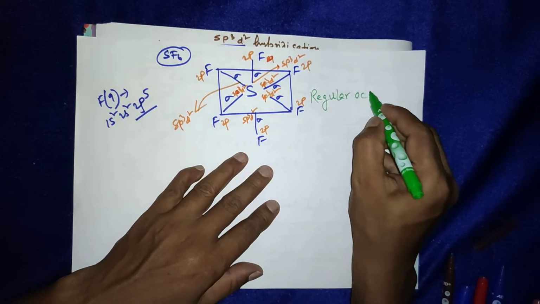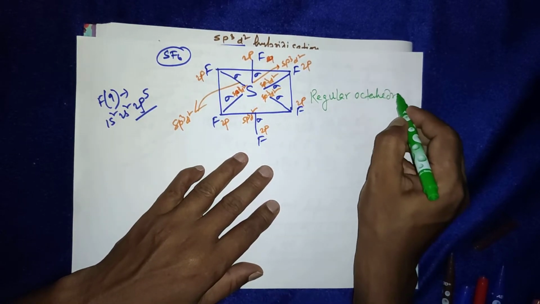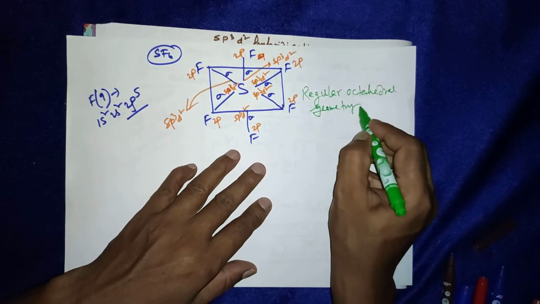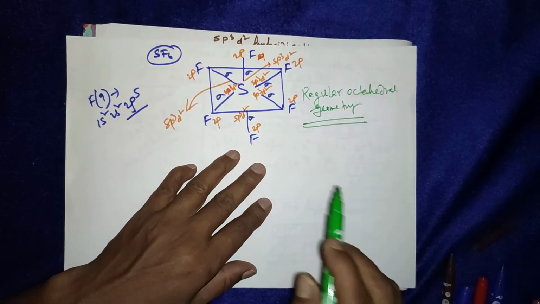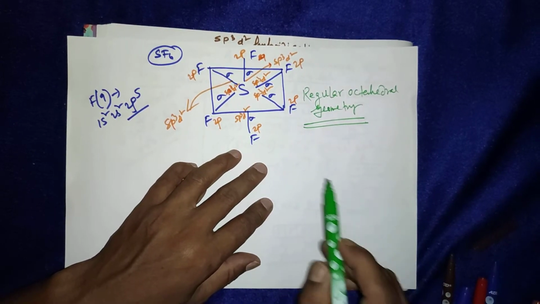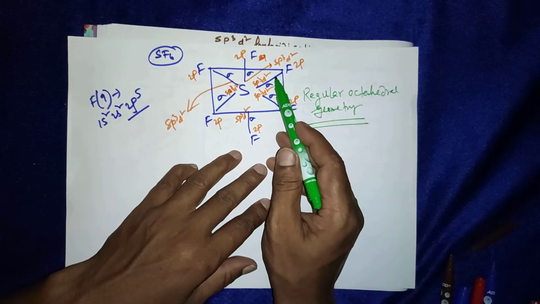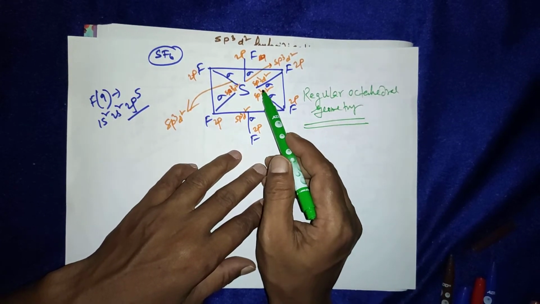Regular octahedral geometry. Okay, regular octahedral geometry, and all the 6 sp3d2 bonds are equal in length.